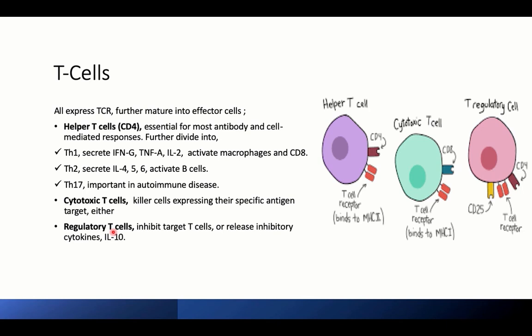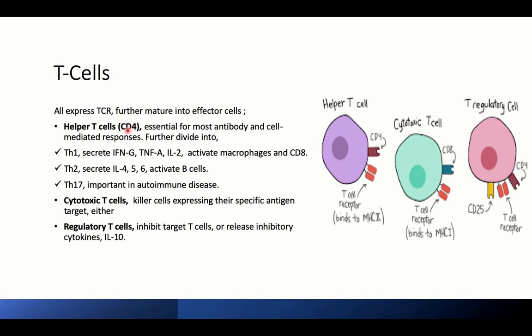So again, these T cells all have a T cell receptor on their surface for recognition of antigens by the antigen presenting cells, and then further mature into the effector cells. These effector cells include CD4 and CD8 and the T regulatory cells.